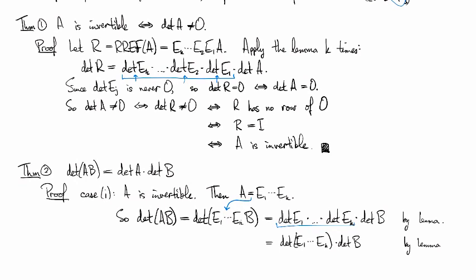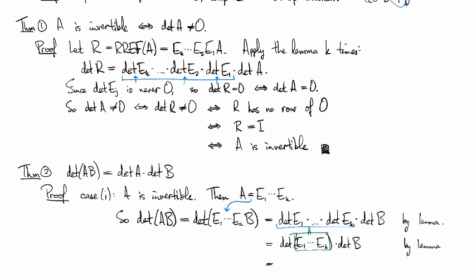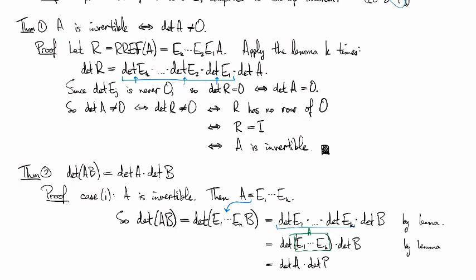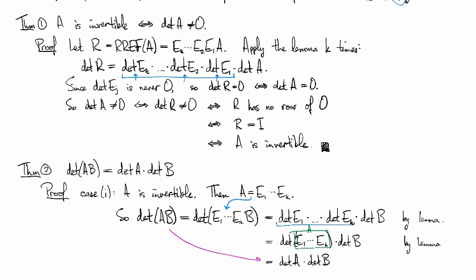Now the thing inside the parentheses is none other than A. And so I've gotten to where I wanted to get, showing that the determinant of A times B is equal to the determinant of A times the determinant of B.